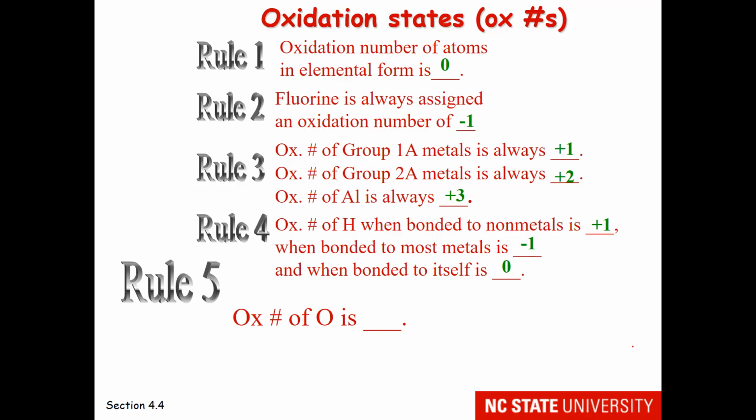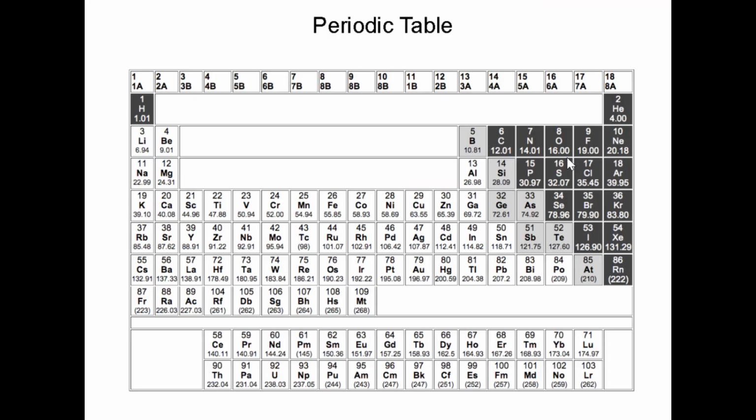Rule 5 deals with oxygen. The oxidation state of oxygen in compounds is -2. Why is that? Oxygen is the second most electronegative element on the periodic table. So when it encounters other elements, it is most likely to grab electrons from them and be isoelectronic with neon, giving it a -2 charge.